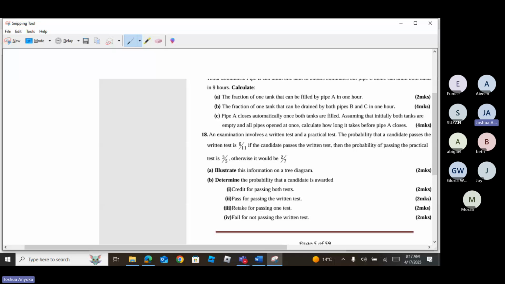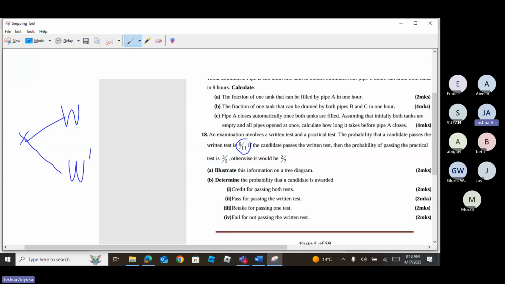The probability that a candidate passes the written test is 6/11. So the first thing in our tree diagram is that probability, which is 6/11, the probability that the candidate passes the written exam. So we write written exam and then not passing. So the outcome is 2.